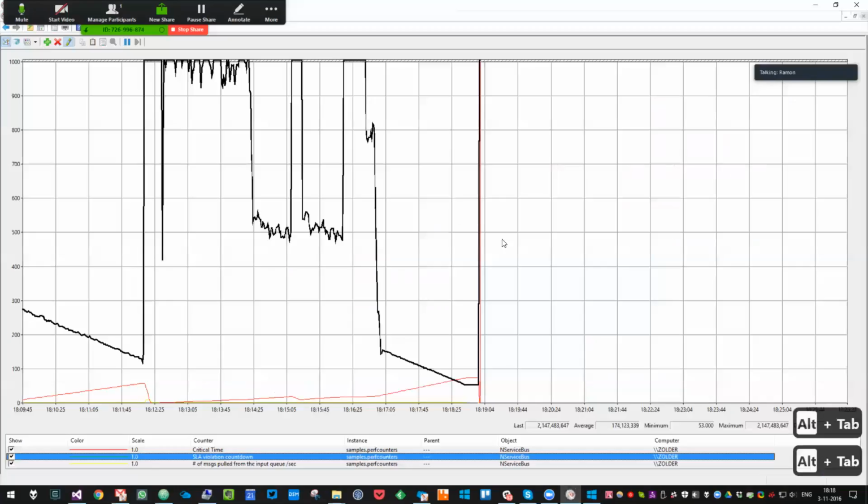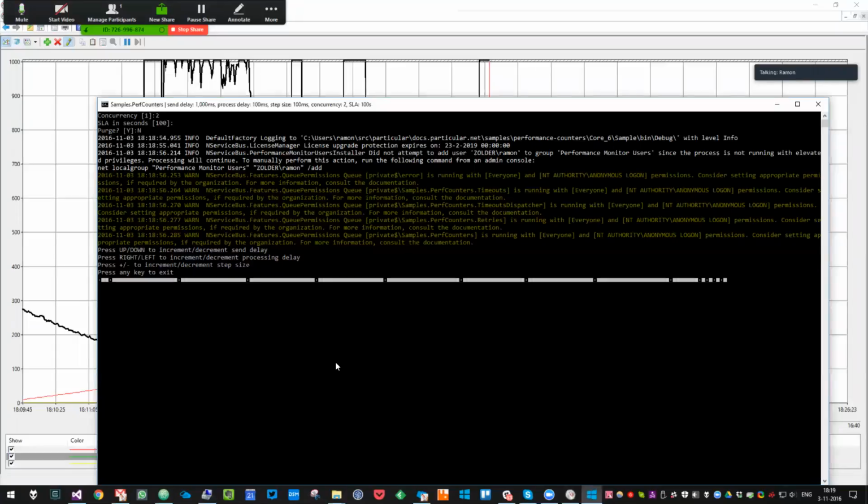And we should see here that now suddenly we are able to meet our service level agreement, because even though we are sending twice as many orders and processing takes 1 second, we have a concurrency level of 2, meaning we can process 2 messages at the same time.